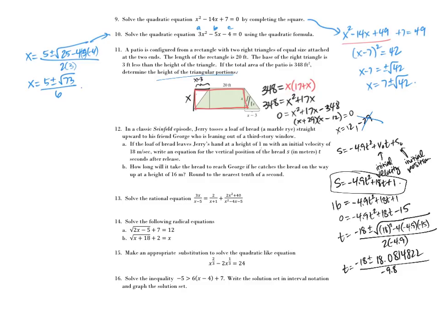Okay, and so if I do the plus, let's see, negative 18 plus that divided by negative 9.8, that gives me a negative value. So I want to do the minus one. Negative 18 minus 18.08148. And then I want to divide that by negative 9.8. So that gives me 3.68.